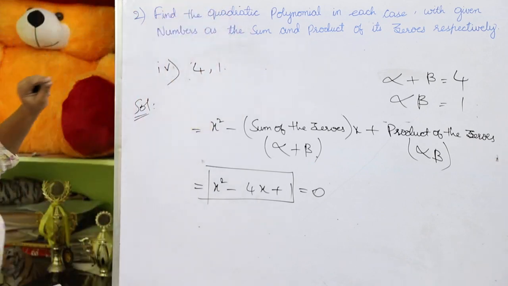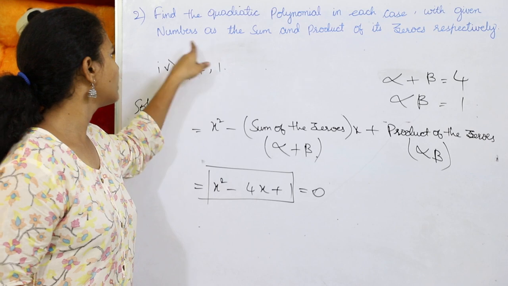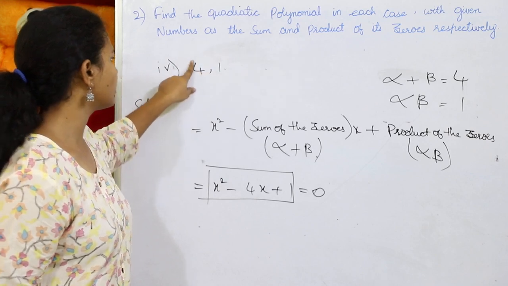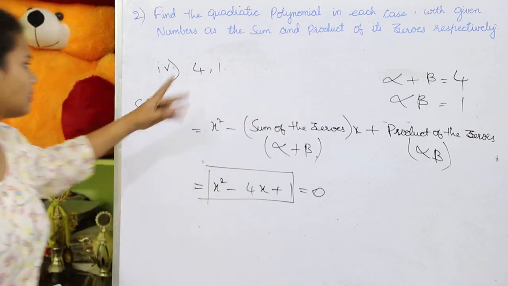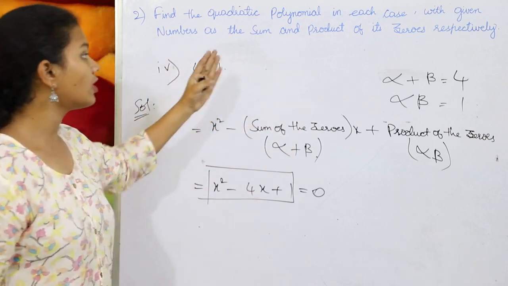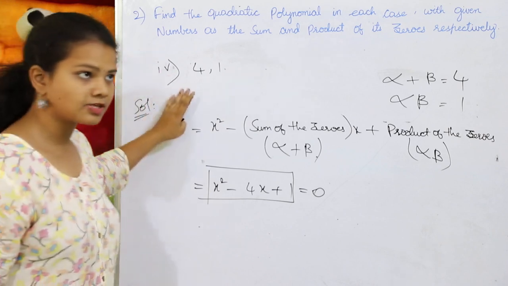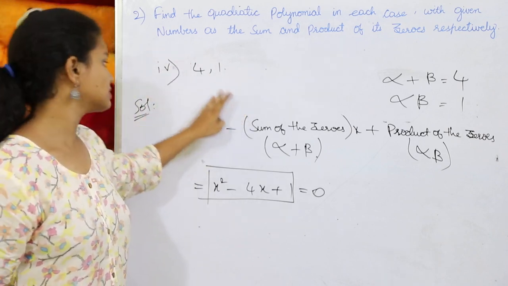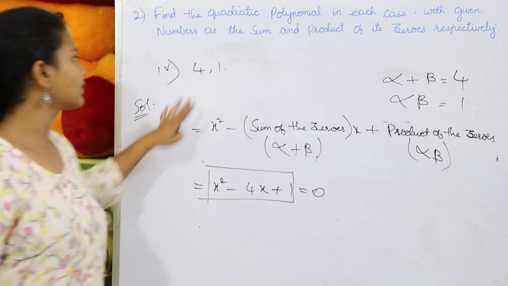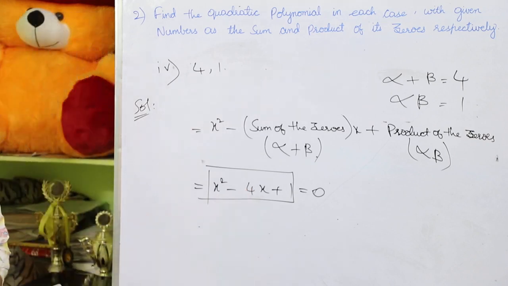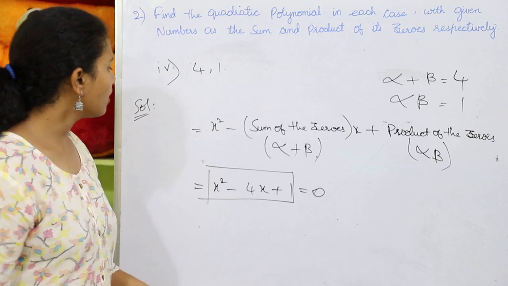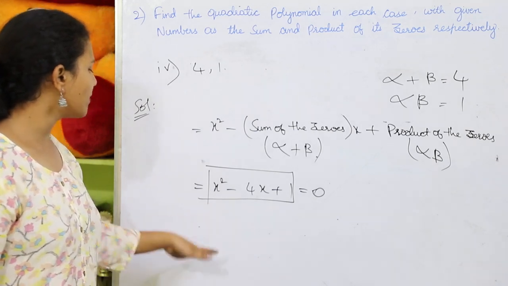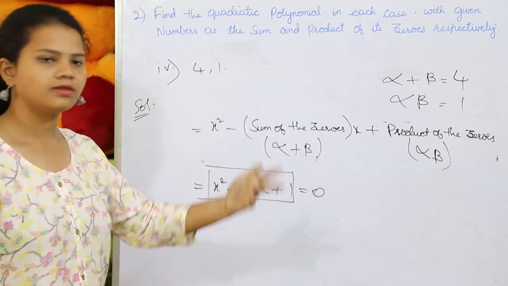They have given the sum of the zeros and the product of the zeros, and they asked to find a quadratic polynomial. So the quadratic polynomial is x square minus 4x plus 1. This is what we got.